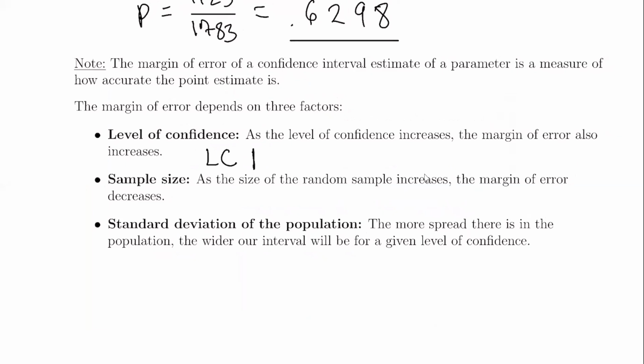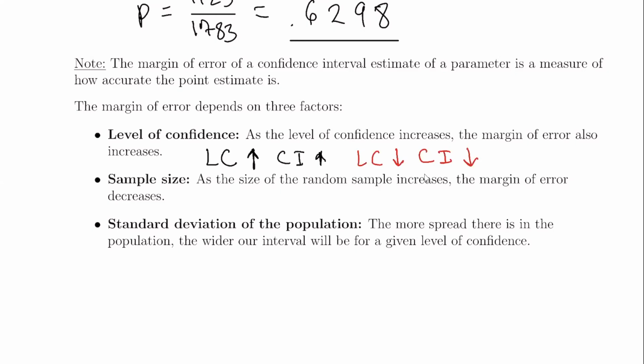If we increase the level of confidence, our confidence interval also increased, or got wider. If we decrease it, our confidence interval got narrower. So if the level of confidence is increased, the confidence interval is getting wider. If the level of confidence is decreasing, the confidence interval is getting narrower. That's how level of confidence affects your confidence interval.